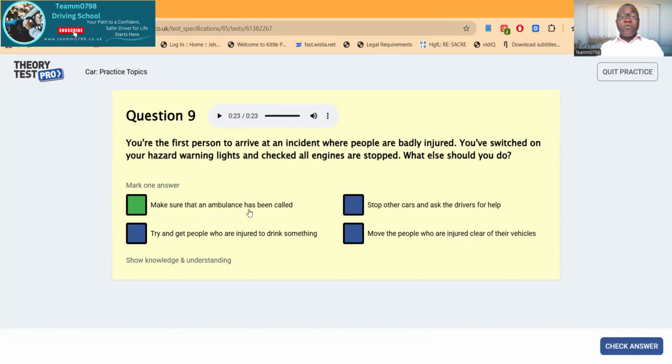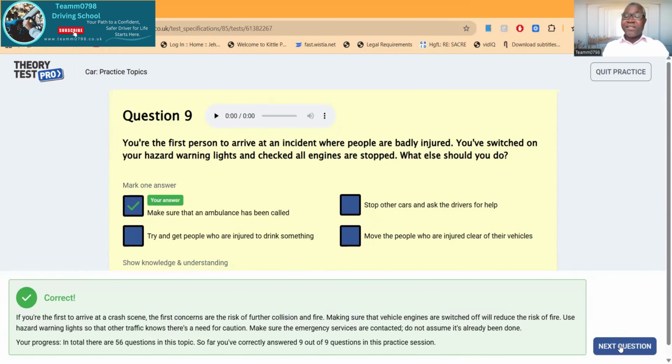Getting injured people to drink something is a no-no, that could be very dangerous. Don't move anyone from their vehicle, as they may have broken something, and moving them may cause bigger, serious problems. So the most important thing is to make sure that an ambulance has been called.